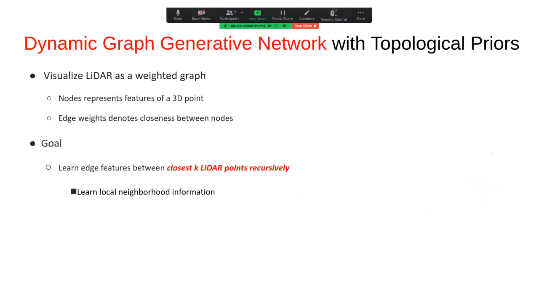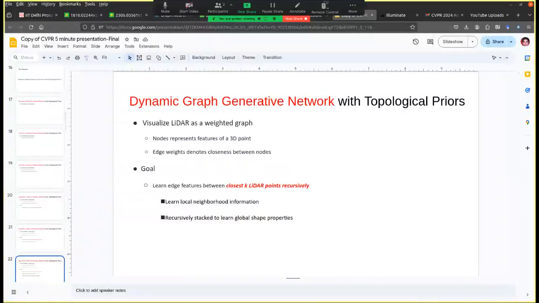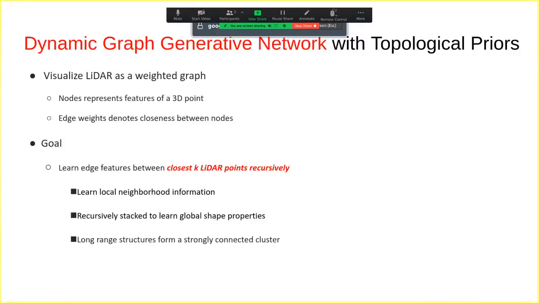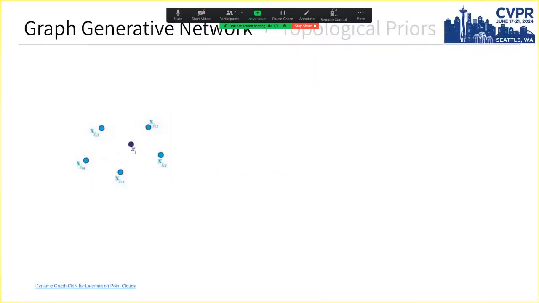The goal is to learn features between the closest k LiDAR points recursively. This helps us learn local neighborhood information, and recursive stacking of these helps us learn the global shape properties. These long-range structures can form a strongly connected cluster, and as such, long-range structures can be easily formed.